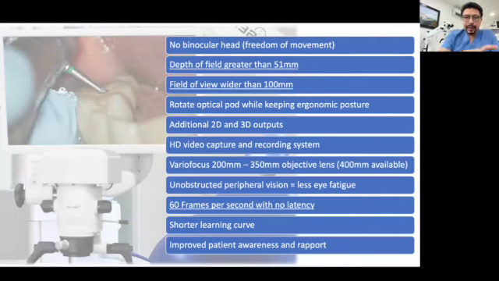So you can go from endo to resto, no problem. You can go from endo to resto, and let's see all the advantages of the 3D microscope.